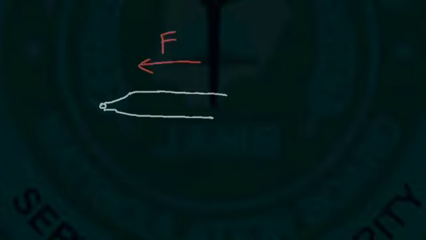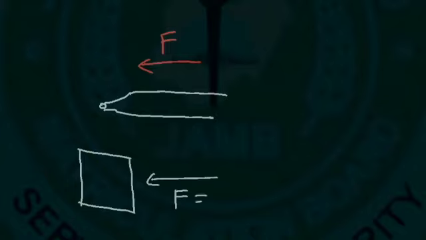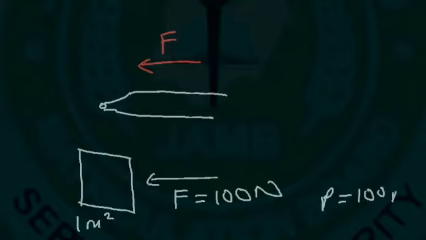Because the area of a pen is so small, if you apply the same force over such a small area, the pressure is significantly higher. For example, if you push someone, let's say you apply a force of 100 newtons, and the area of this surface is 1 square meter, the pressure is only 100 pascals.